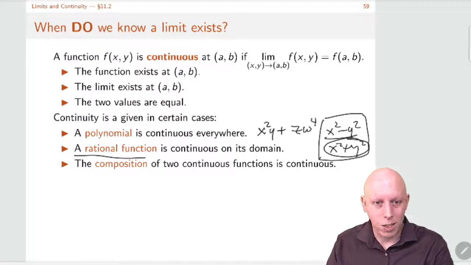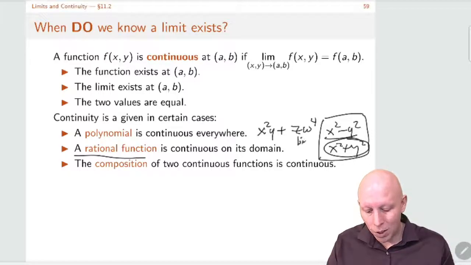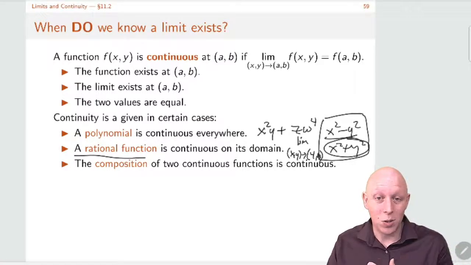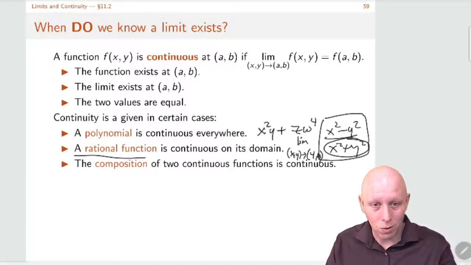That's where we had that craziness happening in our picture that we talked about before. So what this means is if we take the limit as (x,y) goes to (a,b), or like (4,10), of this function, that is going to exist, and it's going to be equal to what happens when you plug in (4,10).